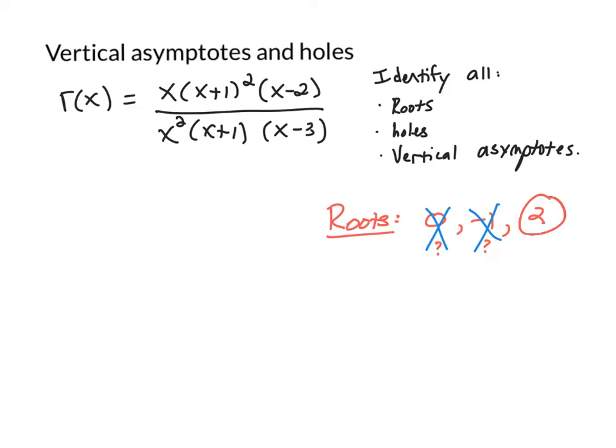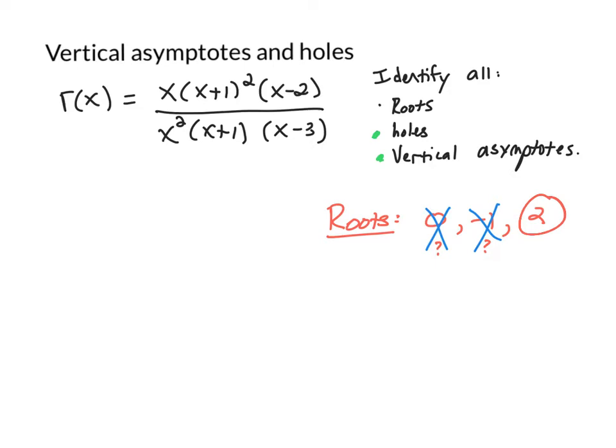So now I'm going to think about holes and vertical asymptotes. And the way I decide is, well, I look at my denominator. As we said, for roots, we looked at all the zeros of our numerator and said those were candidates for roots, and then we eliminated some of them.